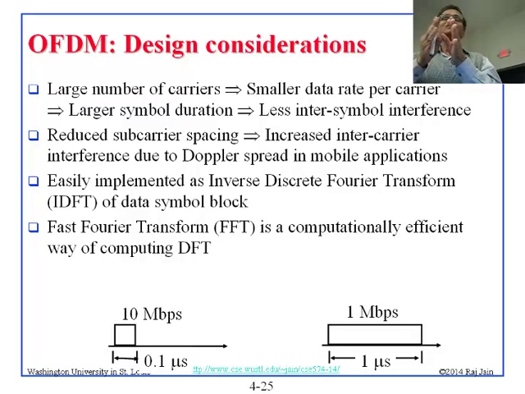So you have to worry about both time and frequency. Time-wise, it is very good, because your symbols are so big, and you won't have any inter-symbol interference, but you have inter-carrier interference. So reduced carrier spacing means increased inter-carrier interference due to Doppler spread in mobile applications.